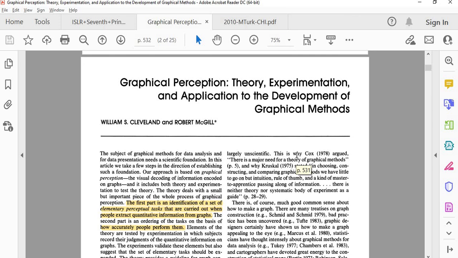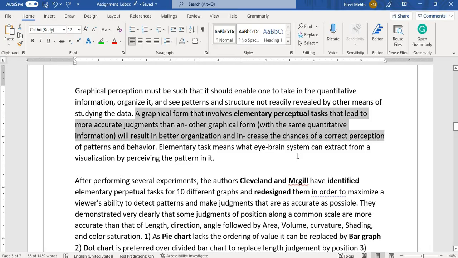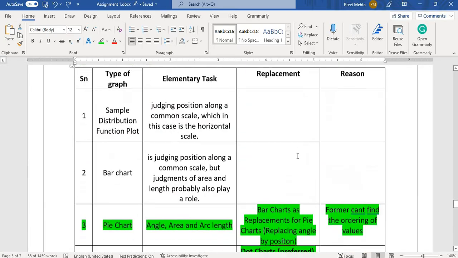So what they have done is they have identified around 10 different graphs and rated them, organizing them in such a way that some graphs are easily understood by a person, while there are some graphs which we might need to put more effort into understanding. So first, let's see which are those 10 graphs.